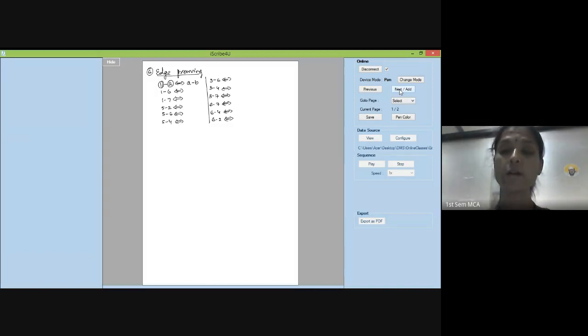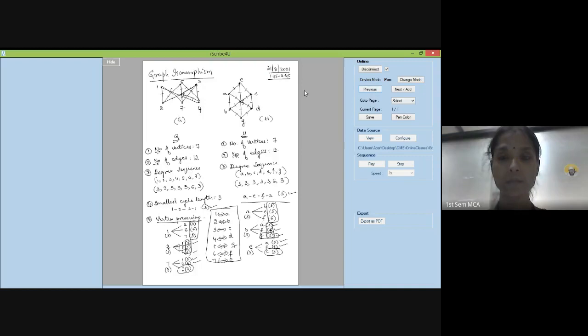Go back to your graph and see, AB you have an edge. So this 1, 2 is equivalent to your AB. If you don't have an edge AB here, then whatever edge preserving you are trying to map is wrong. That means you'll be trying to bring in some new edge, which is wrong.